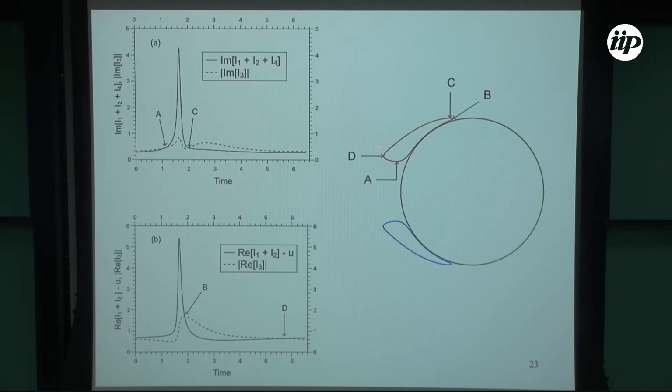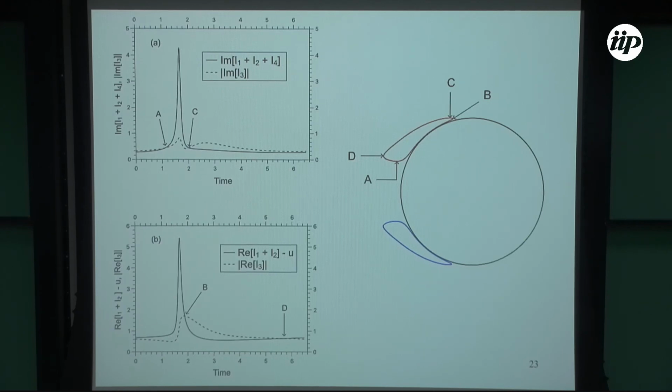So from A to C you have this dominance of the images and of the vortices as a contribution to the velocity. But then from C to A you have the opposite, and here is when the background wins this competition. Here, this is for the vertical velocity.